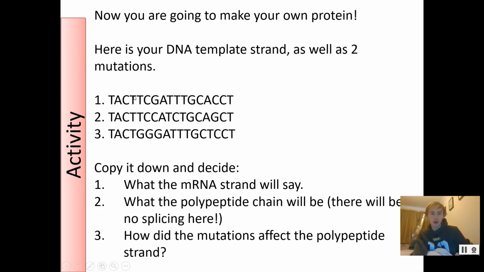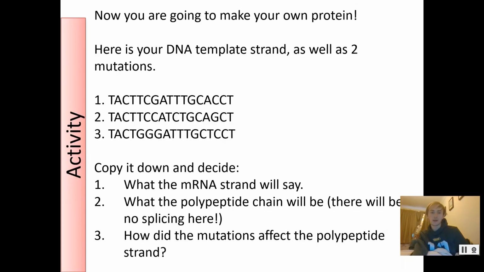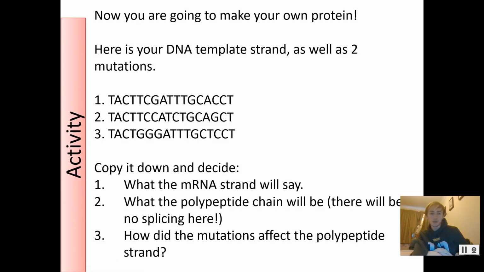The next 3 are AAG, and again, AAG would stand for lysine, LYS. Then we have CUA. CUA is leucine.